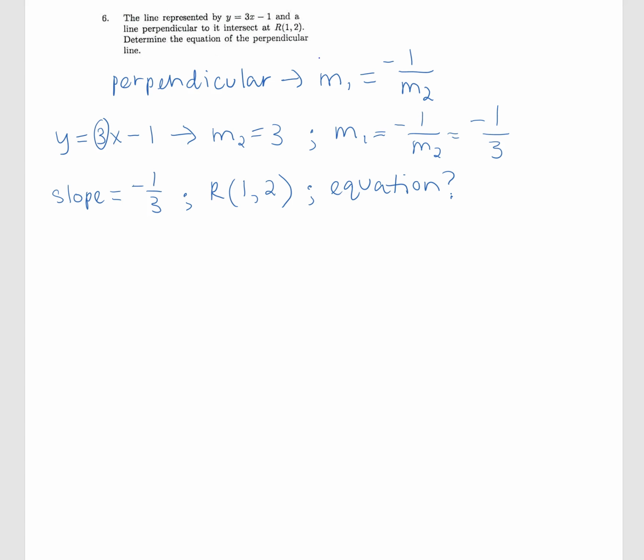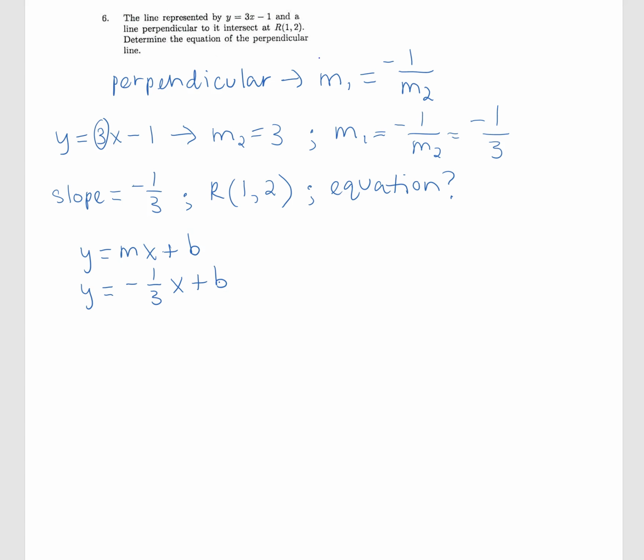Okay, so let's write out our general form for a linear function, which is y equals mx plus b. So let's plug in what we know already. We know m, so we can say y equals negative 1/3 times x plus b.